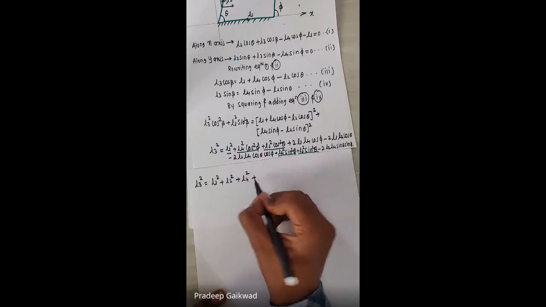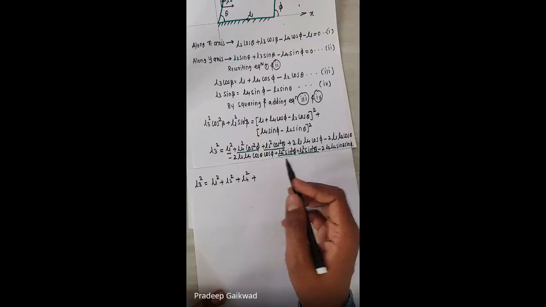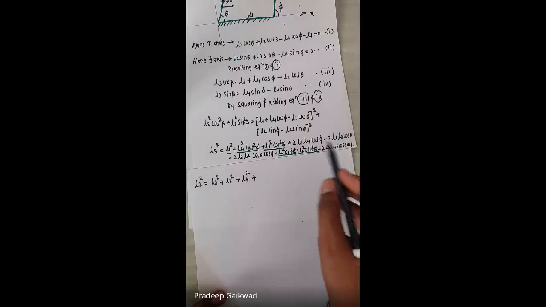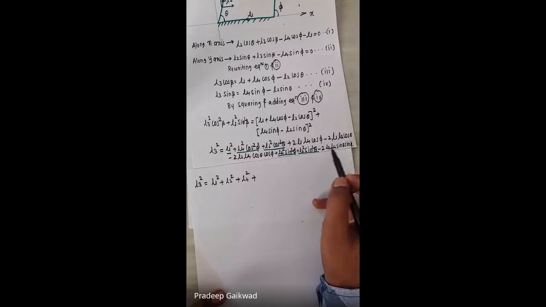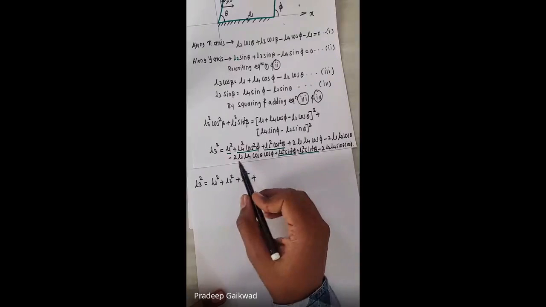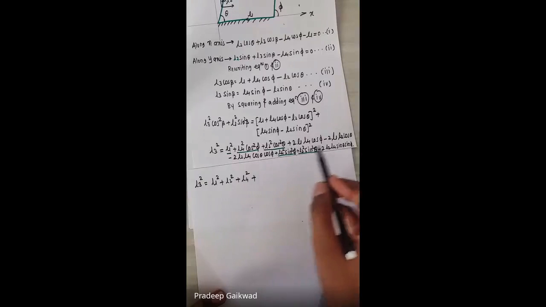Now next, remaining terms. How can I simplify them? Only 4 terms are remaining. Those terms are twice L1 L4 cos phi, minus twice L1 L2 cos theta, and minus twice L2 L4 cos theta cos phi, minus twice L2 L4 sin theta sin phi.